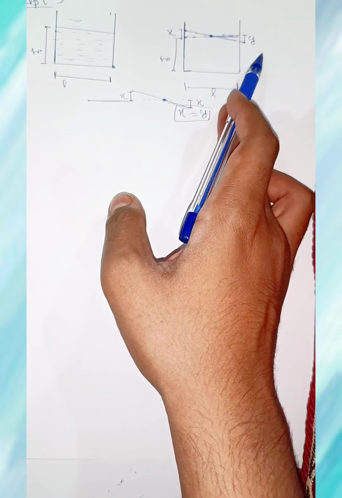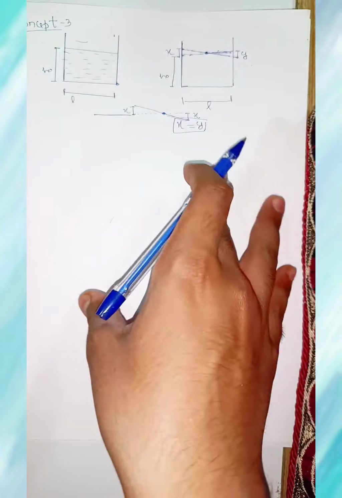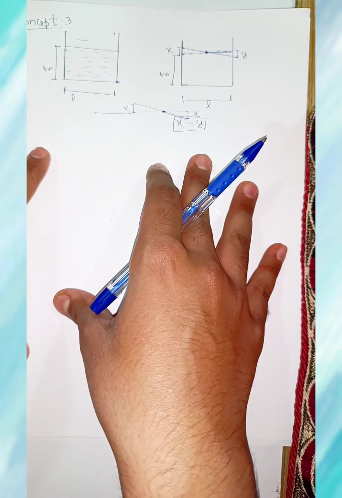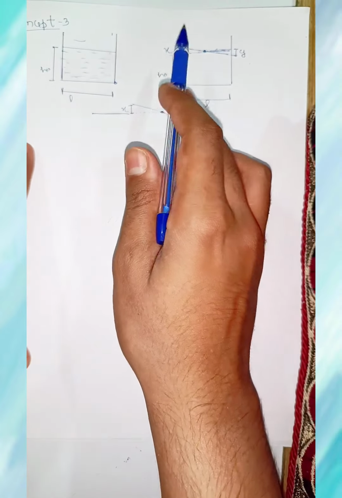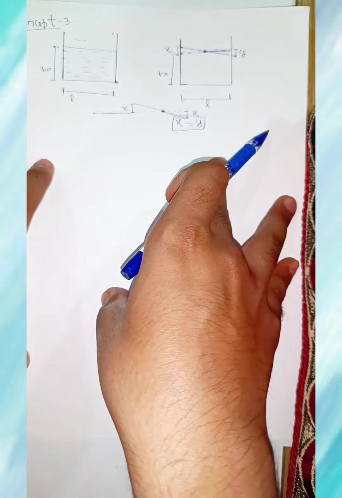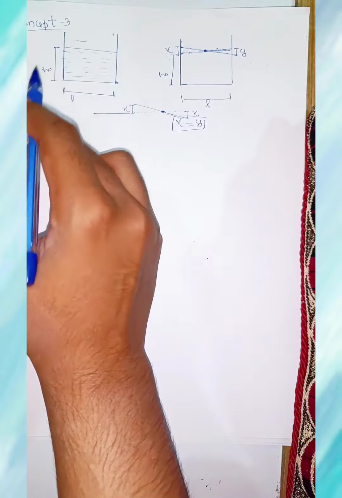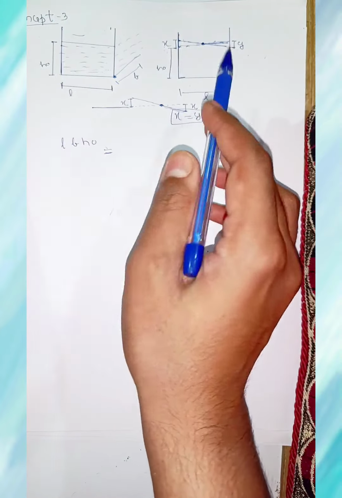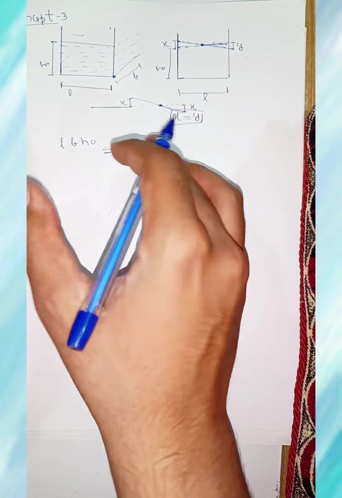So without wasting time, let us prove this. We will be using the same method, volume earlier equals volume final, and we will be expressing all the variables in terms of x and y only, because we have to prove x equals y. So let us calculate the earlier volume. What was the earlier volume? It was LBh0, and the final volume will again be of a trapezium only.